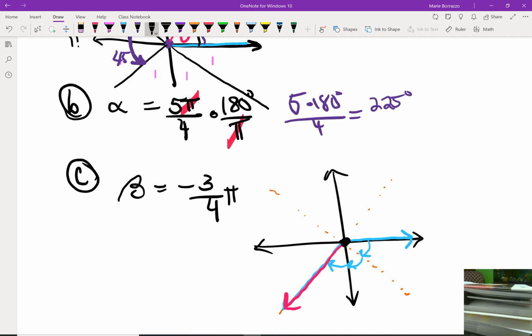So if I did this again using -3/4 pi times 180 over pi, notice that the pi's again will cancel. 4 goes into 180 45 times, and I'm left with 3 times.